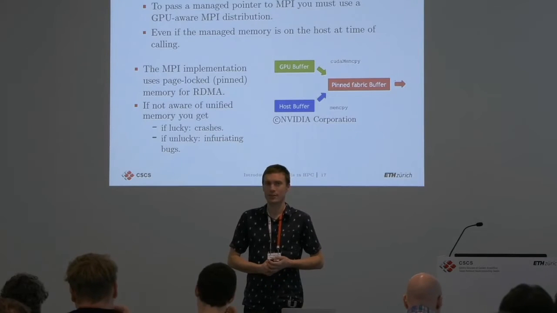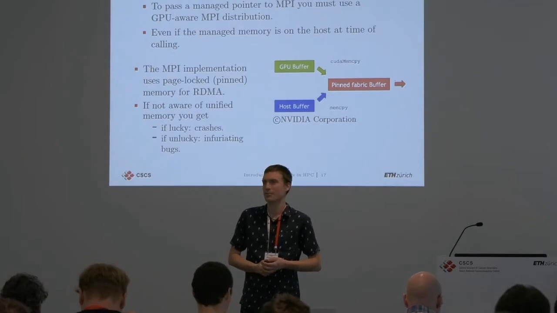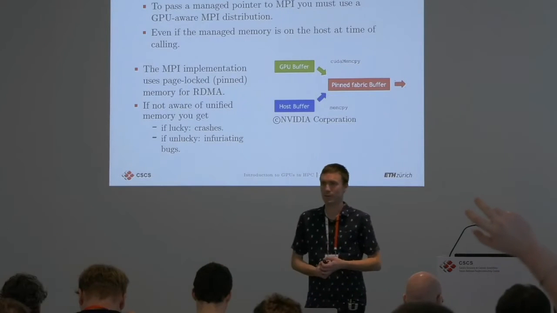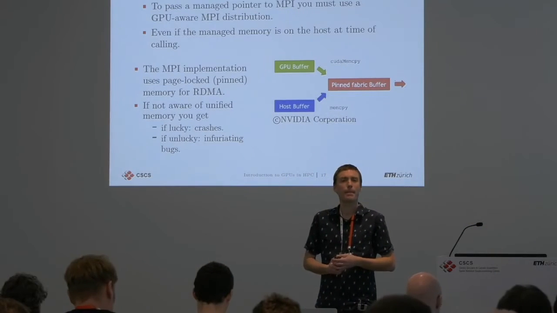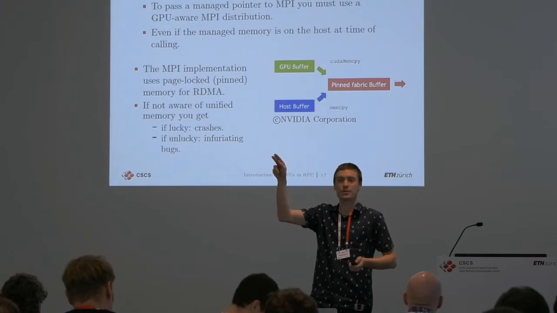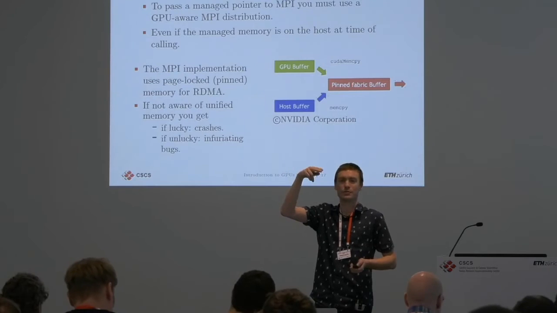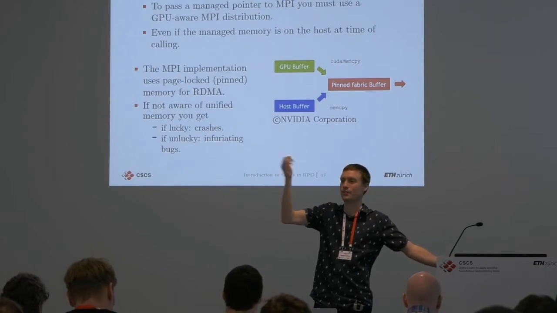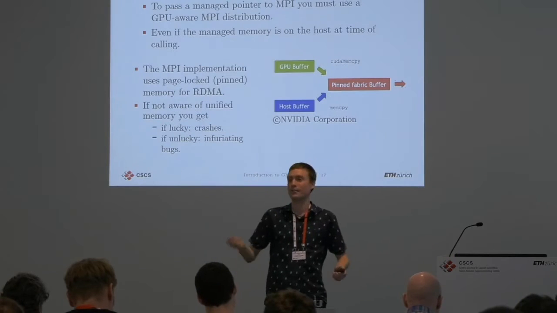To the best of my knowledge, I've seen tests where we've tested this. I haven't tested it myself, but that should be handled. The question was, can you send from GPU memory on one node to host memory on the other node using this MPI? And the answer was yes.